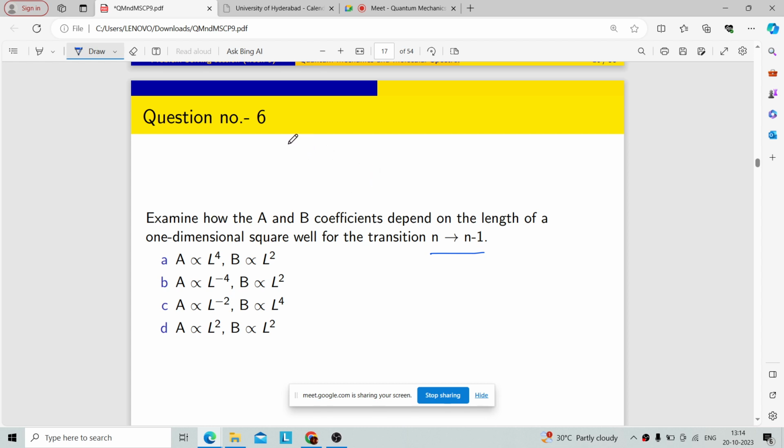So there is a one-dimensional well of length L, and there is a transition from the n state to the n minus 1 state. Then how will the A and B coefficients depend on this length?